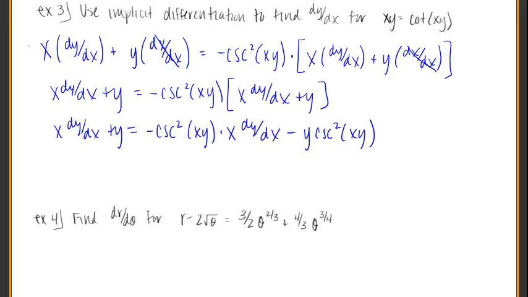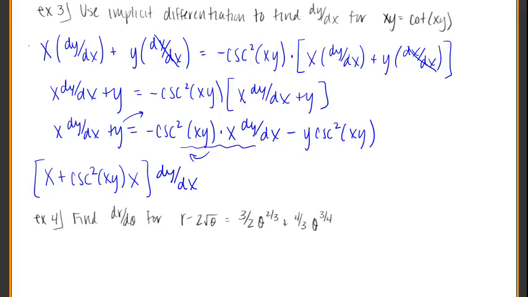Okay, let's move this huge term right here over to the left and factor out the dy/dx. And let's move this y over to the right side since it has nothing to do with dy/dx. Okay, so we'll get (x plus cosecant squared xy times x), all of that times dy/dx, is equal to negative y minus y cosecant squared xy.